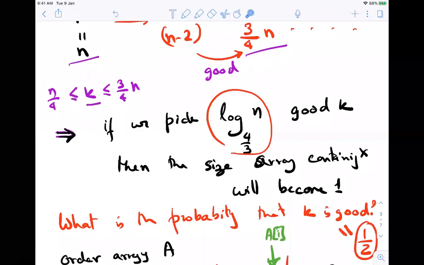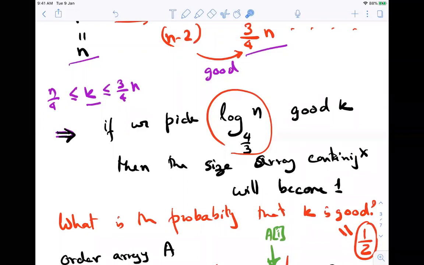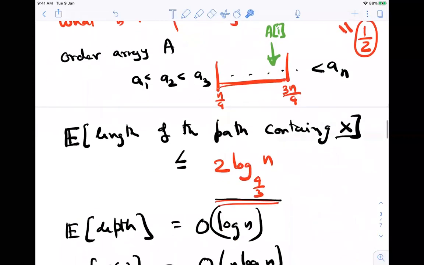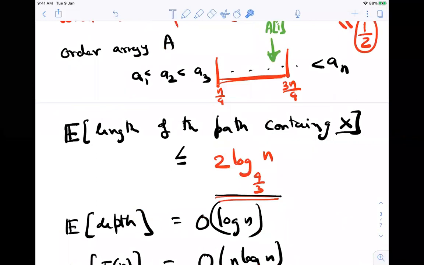So that means the expected length of the path would be less than 2 times log n base 4 by 3. I'm not exactly counting the expected length, but I'm coming up with an upper bound of that. Is it clearer?